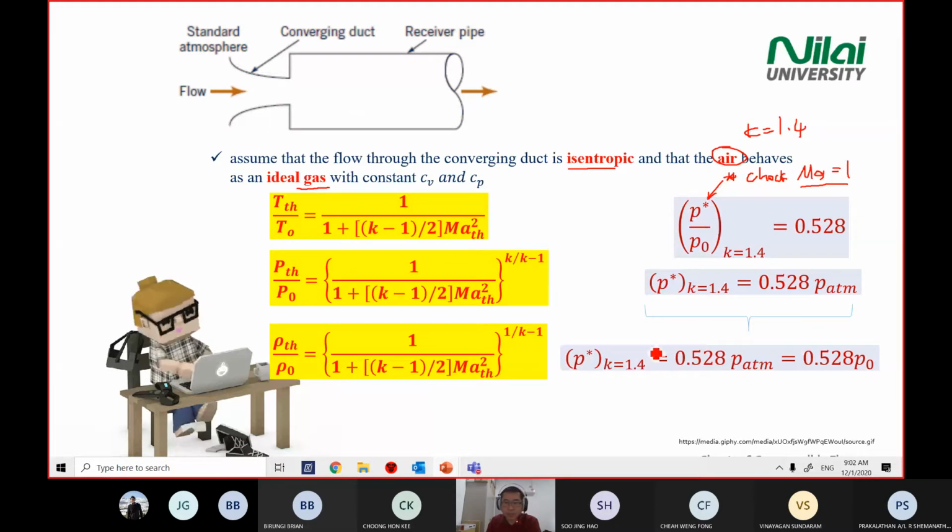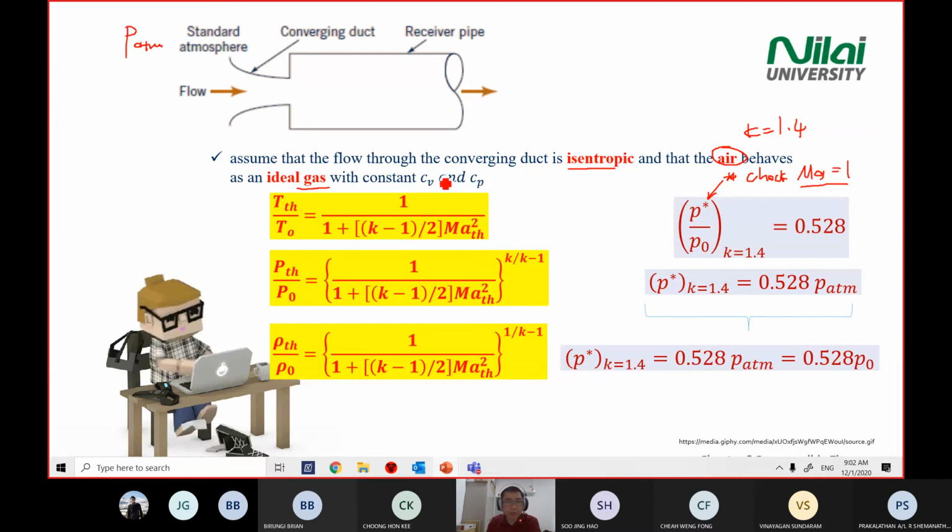Try to digest what you see on the screen now. So what we do is that we move our P0 on the left to the right, and then we set our P0 equal to atmospheric pressure, which is here, because you are given P atmospheric here.